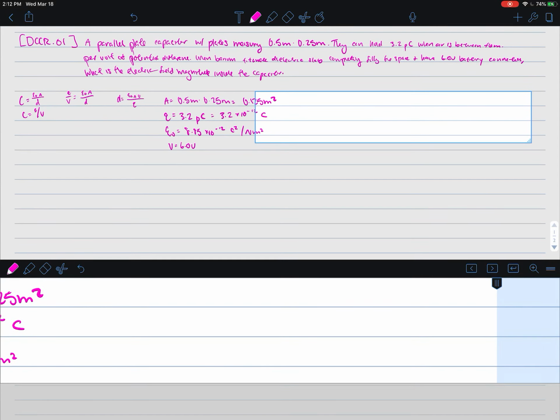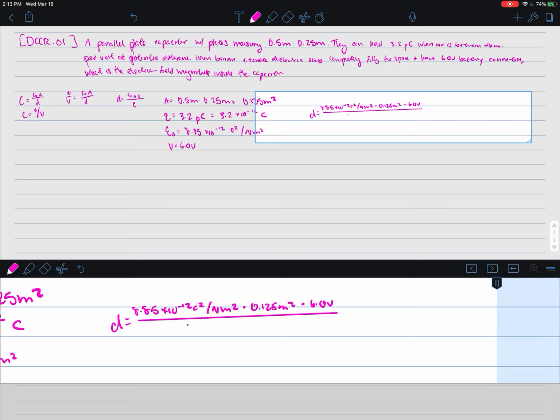Okay, now we can plug this in over here. So we have d equals 8.85 times 10 to the negative 12. And then we can multiply that times our area, which is 0.125 meters squared. And then times our voltage, 6.0 volts.